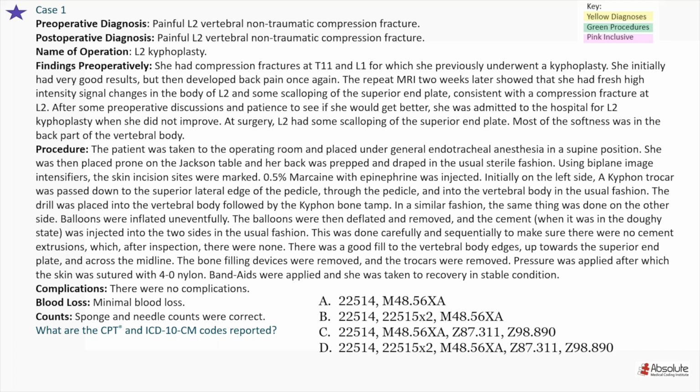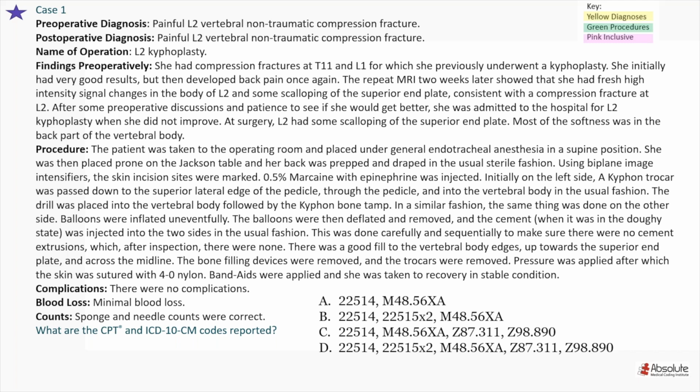She initially had very good results, but then developed back pain once again. The repeat MRI 2 weeks later showed that she had fresh, high-intensity signal changes in the body of L2 and some scalloping of the superior end plate, consistent with compression fracture at L2.